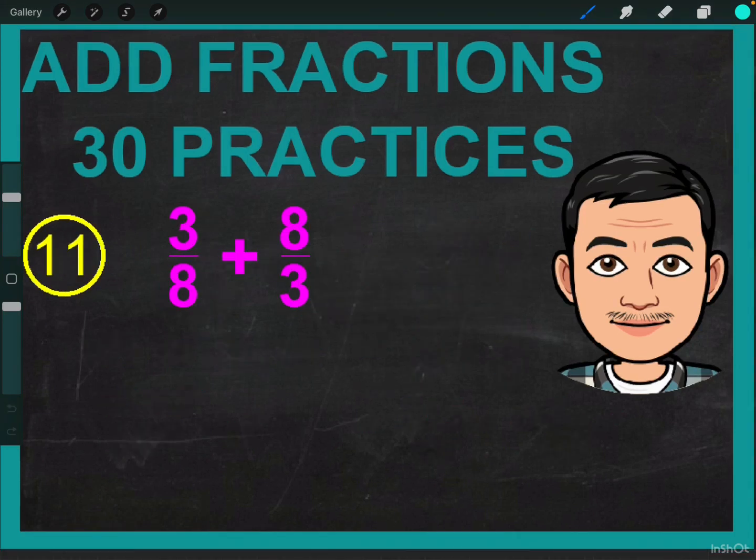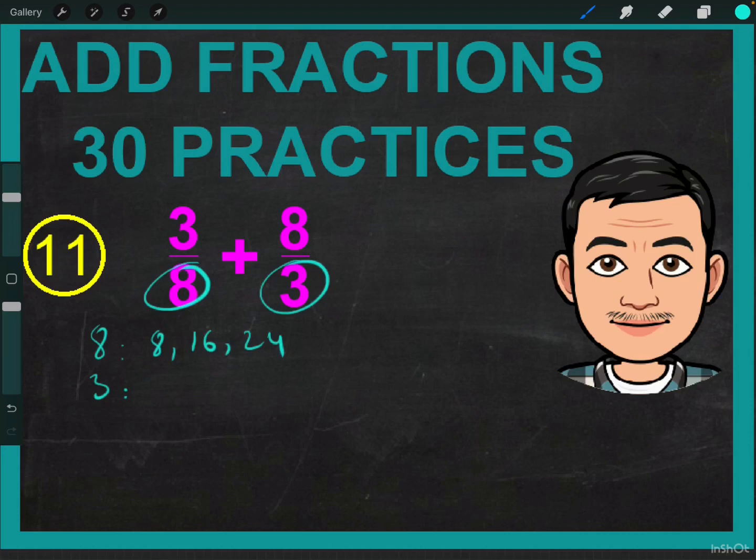Practice 11. We have two fractions with different denominators, 8 and 3. So we go ahead and find the LCM of number 8 and number 3. For number 8, the multiples are 8, 16, 24.